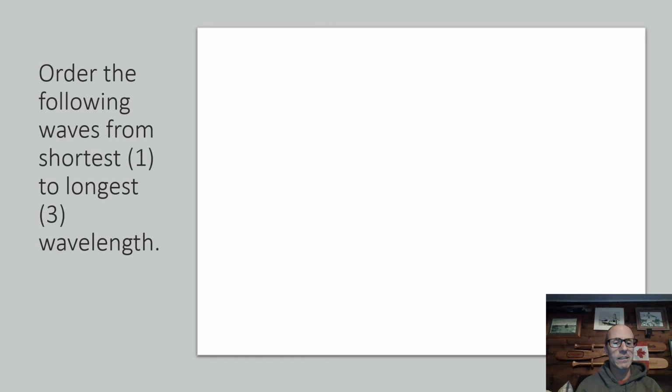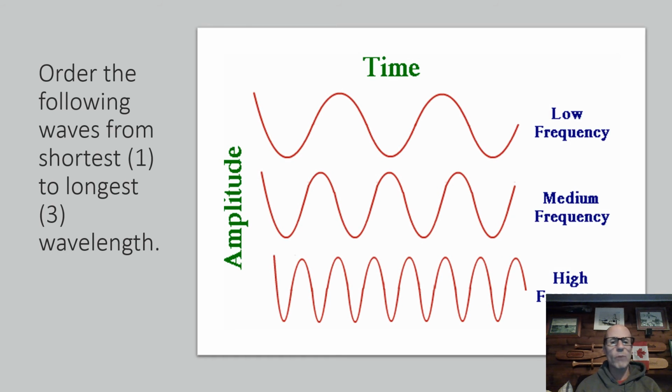All right, let's see if you can figure it out. Can you order these waves from shortest to longest? Well, I'm hoping that you will say this bottom wave, which is high frequency, has a short wavelength, so it would be the shortest.